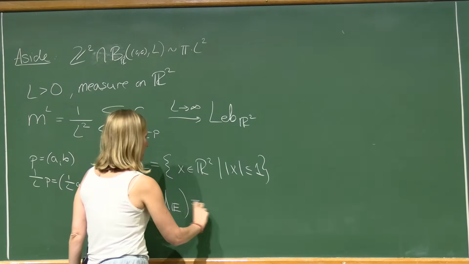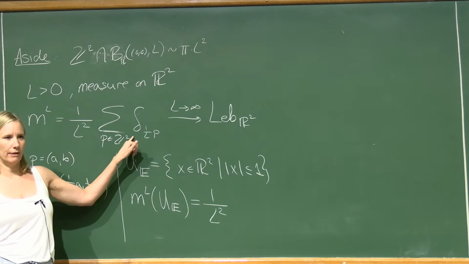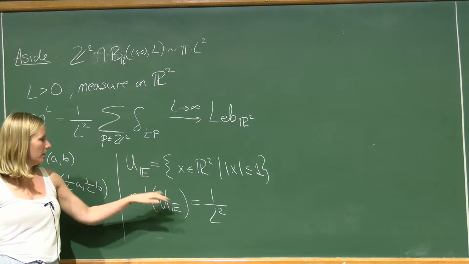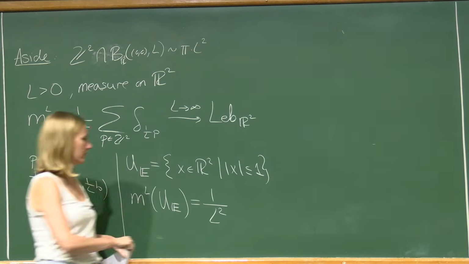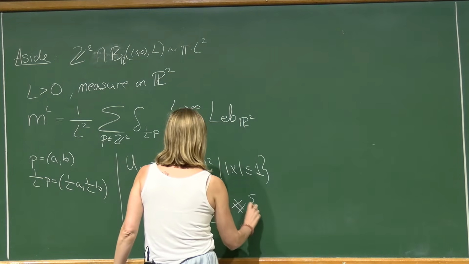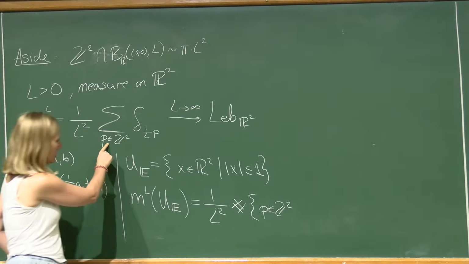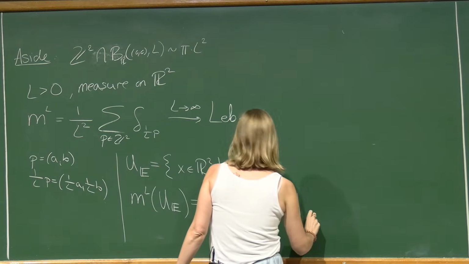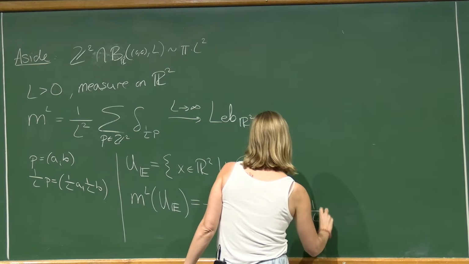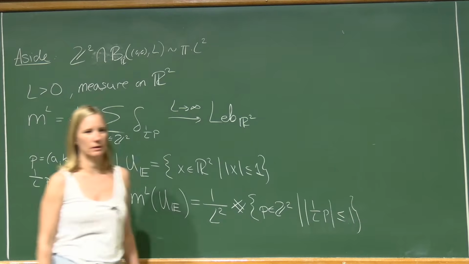Well, I have the 1 over L squared scaling. And then I get a 1 whenever 1 over L P belongs to this set. So I get the number of P in Z2, because if P is not an integer point, you get 0, such that if I scale it by 1 over L, its Euclidean norm is at most 1. Right?